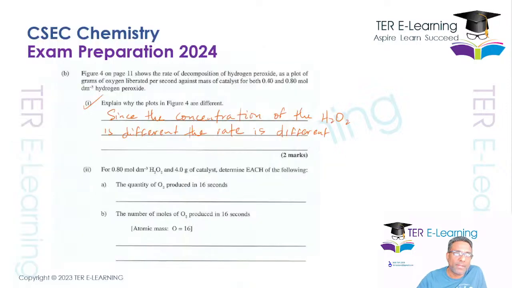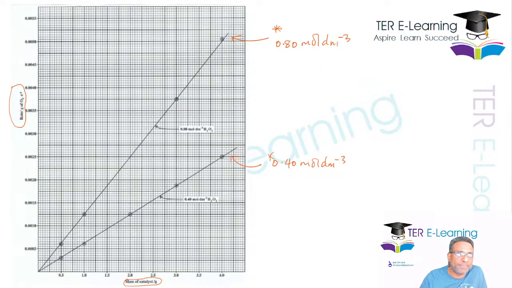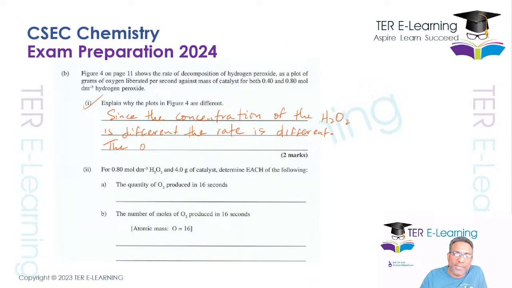So you're going to say that the 0.8 mole per dm cube H2O2 gives a faster rate. Always pay attention to the number of marks being given for a question. That's a guide in terms of what is required. So that's the answer for that part.